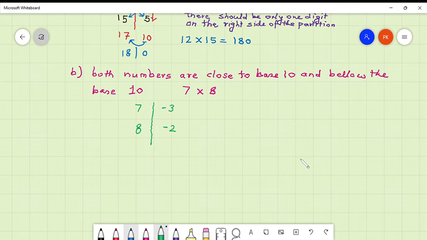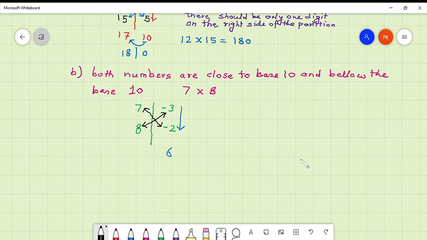As we have done in the previous case, multiply these two. Minus 3 into minus 2 is positive 6. And both the cross subtractions will give you the same result.